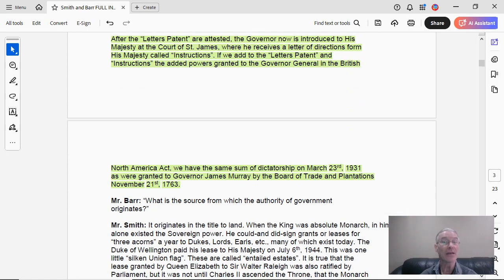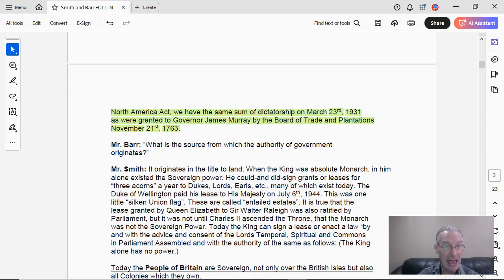After the letters patent are attested, the Governor General is now introduced to His Majesty at the Court of St. James, where he receives a letter of directions from His Majesty called instructions. If we add the letters patent and the instructions, the added powers granted to the Governor General in the British North America Act, we have the sum of dictatorship on March 23, 1931, as were granted to the Governor James Murray in the Board of Trade and Plantations in 1763.